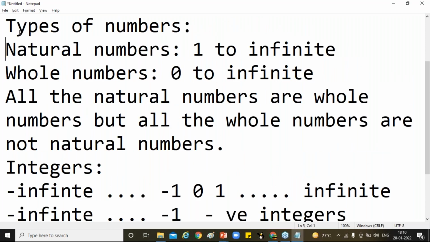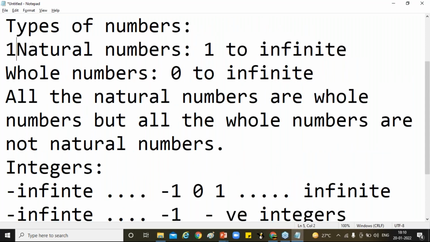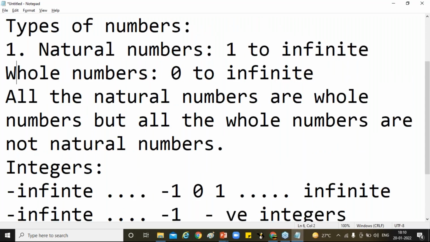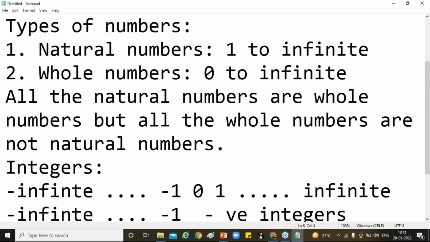Point number 1: all the numbers from 1 to infinite are called natural numbers.